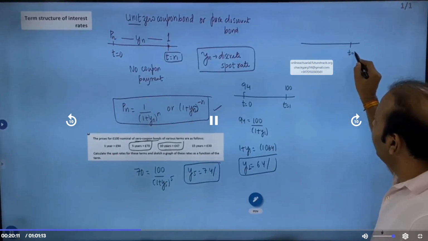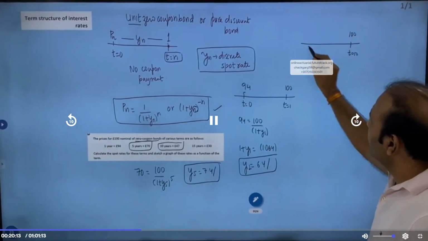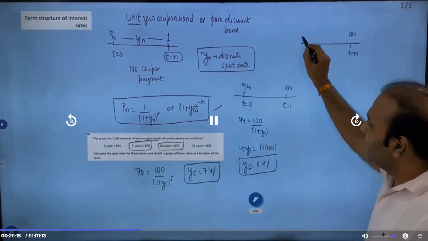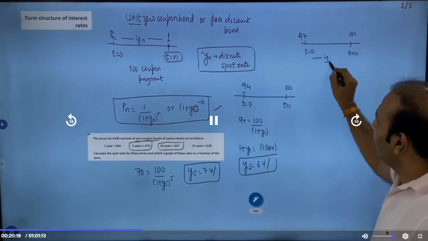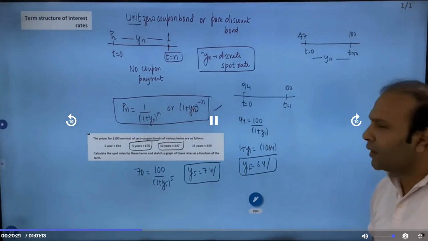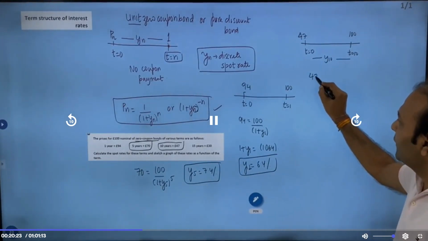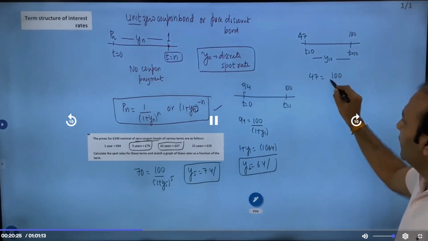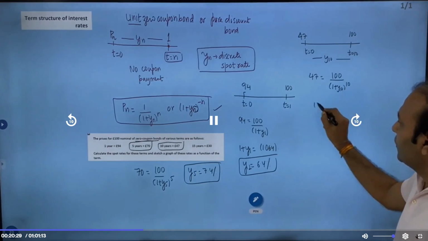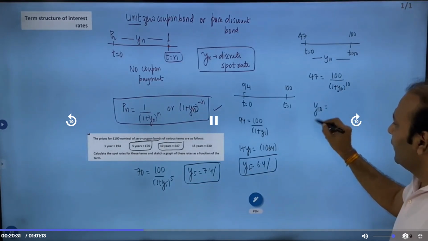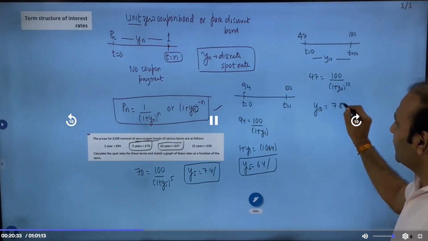At 10, we have a redemption of 100. At time 0, we have 47. So we have to calculate y10, right? The same formula we are using, 47 equals 100 divided by 1 plus y10 raised to power 10. When you solve for y10, we get 7.8%.